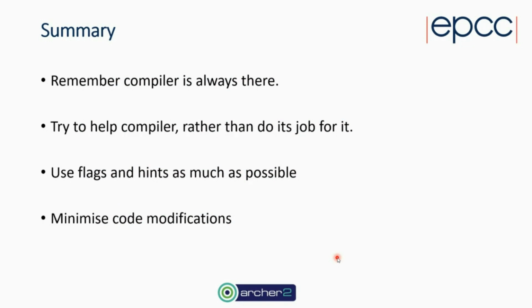On the Intel processors, the Intel compiler quite often gives you 10–15% better performance, which is worth having. We'll see if the AMD one does for Archer soon enough, but that's always a sensible thing to do. And if possible, minimize code modifications in the first instance, and then we can get on to profiling and work out which bits of code we really want to change and take it from there.